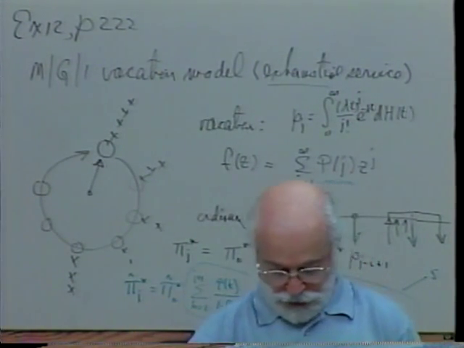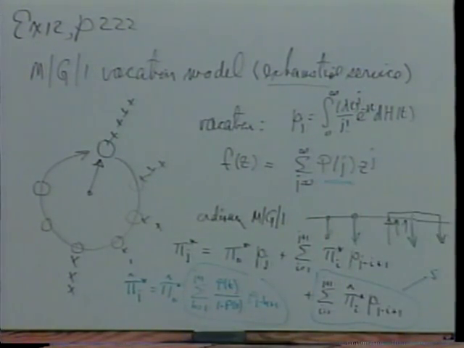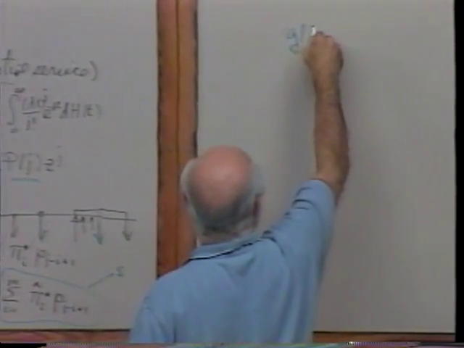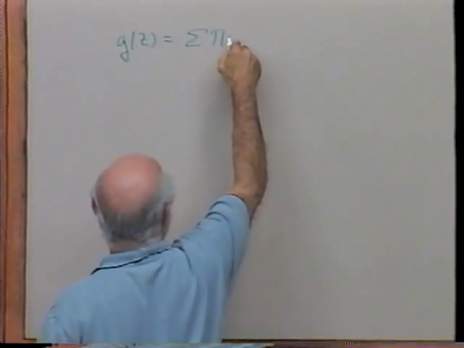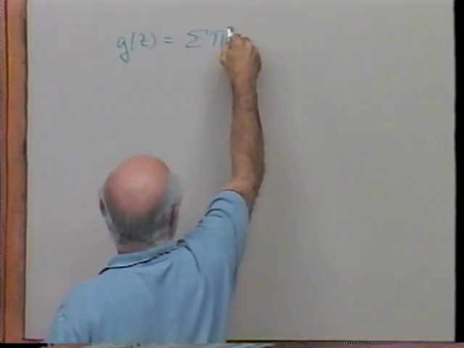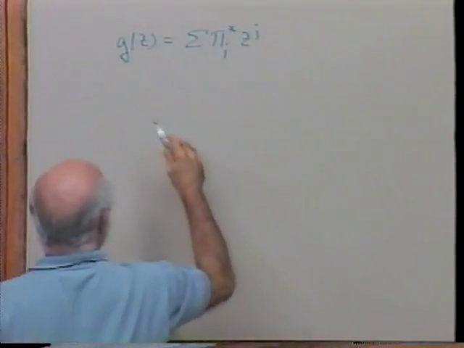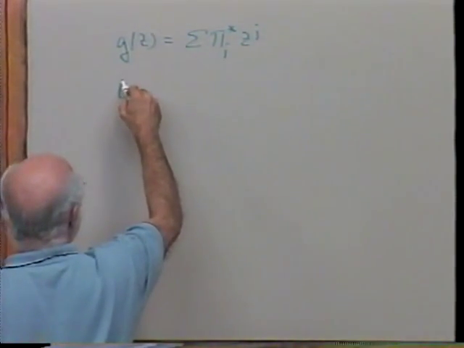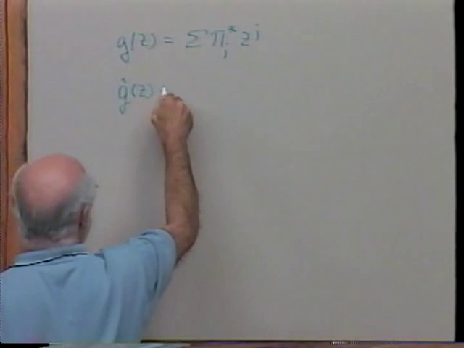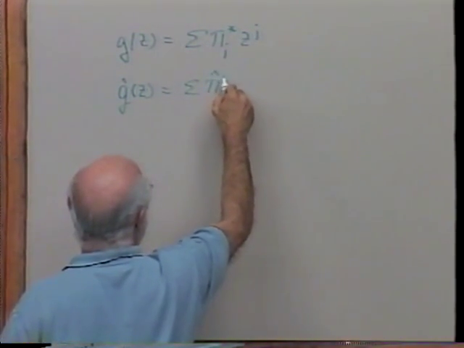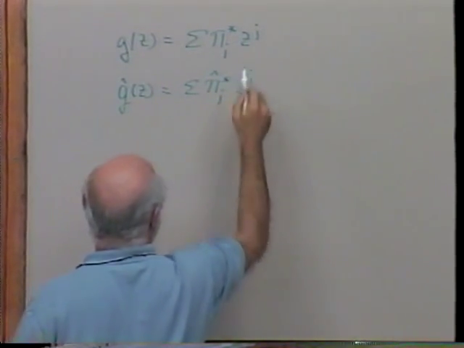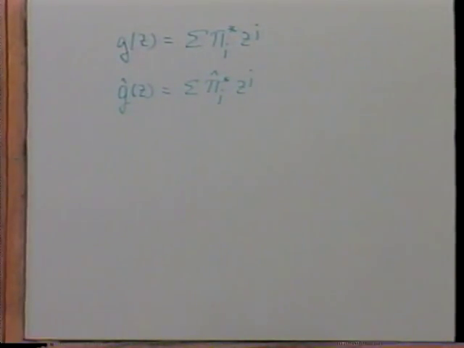Okay, so in other words, what you did before was you defined G of Z to be the summation of pi J star Z to the J. And now you define G hat of Z to be the sum of pi J hat star Z to the J. So you do the same thing you did before.